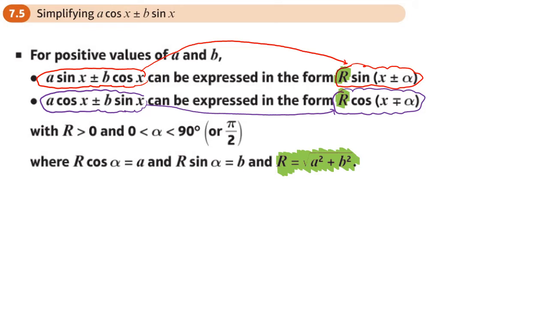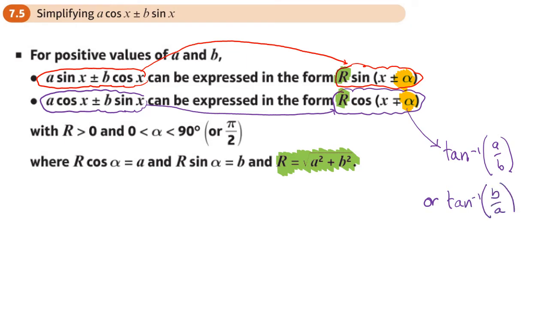To find the value of alpha, I'm going to show you a slightly different method. It involves tan inverse. I'm going to try and make it as easy as possible. So I'm going to show you a slightly different, quicker method to work out what this alpha is. And basically it's going to involve doing the tan inverse of either a over b, or the tan inverse of b over a.